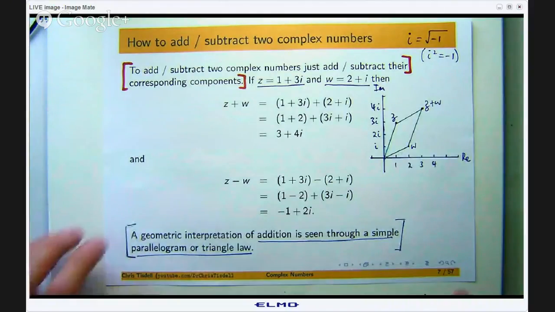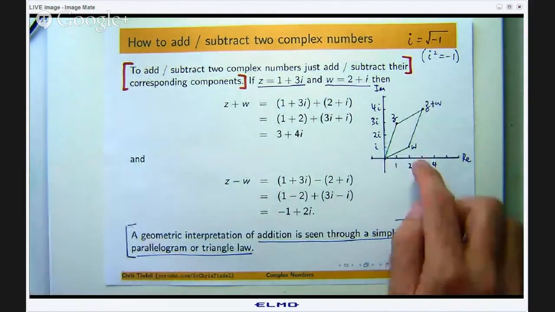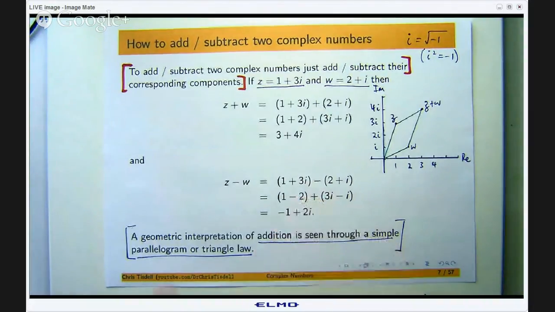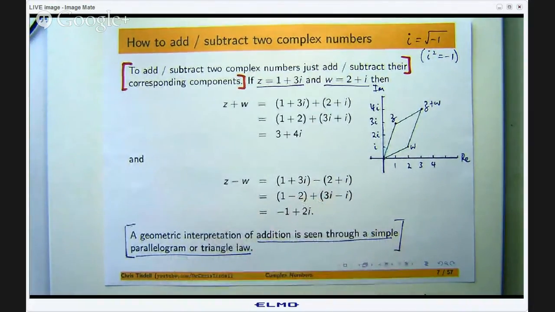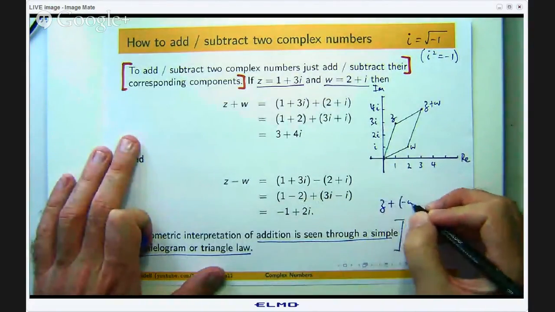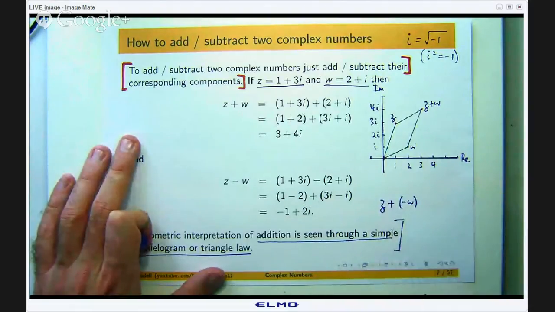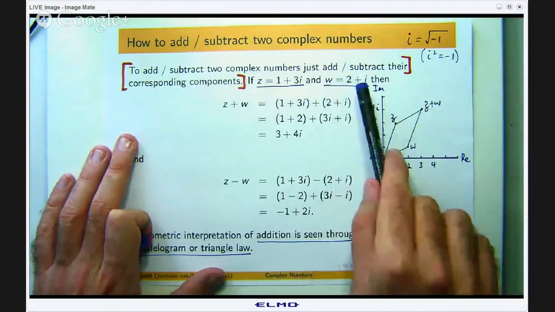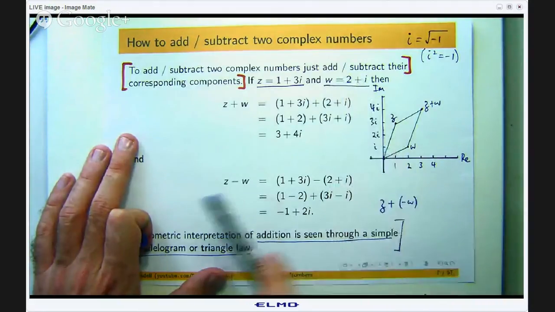Okay, so if you're adding two complex numbers together, and you can plot them in the complex plane pretty easily, you have some idea of what their sum should be. What about when you take one away from the other? Well, you can still apply this parallelogram or triangle law to it just by considering this. Okay, so from W, you would draw in negative W, which would be negative 2 minus i.